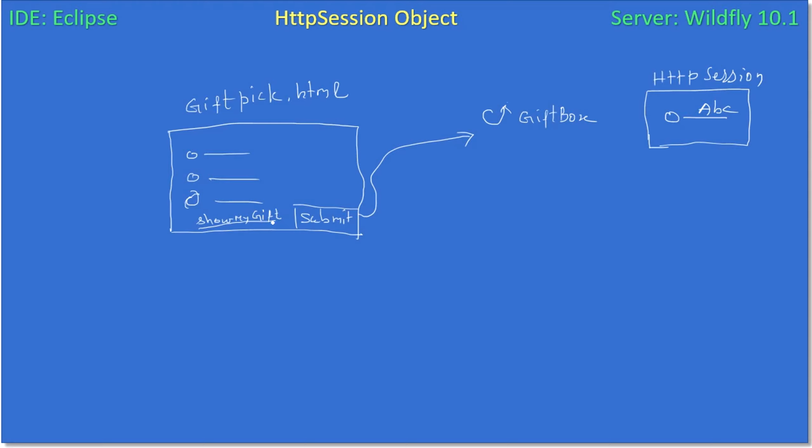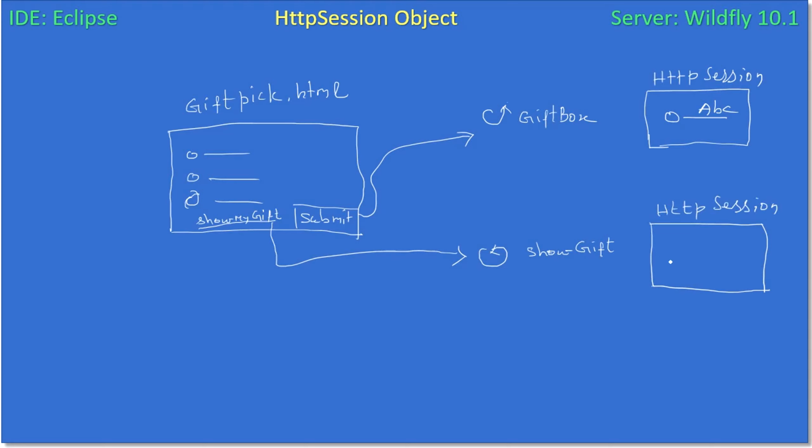Then using the show gift link, we access it through a different servlet; we will create one more servlet, show gift. So even though this is a second request, since we stored the user's selection inside the HTTP session, it will be available for the second request.